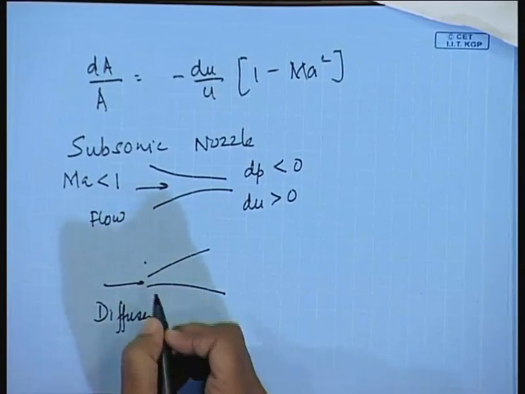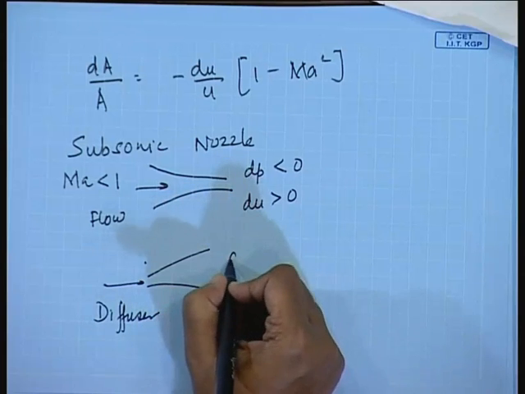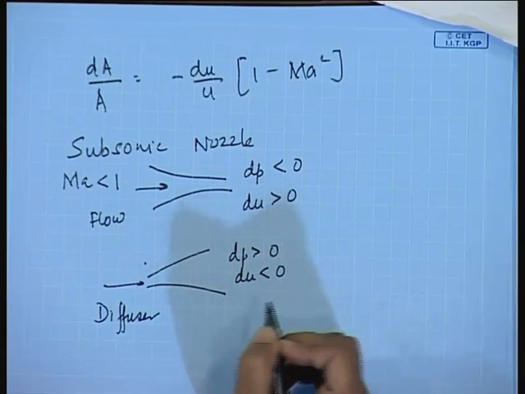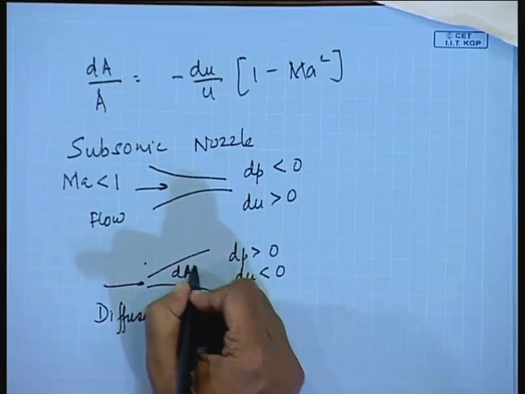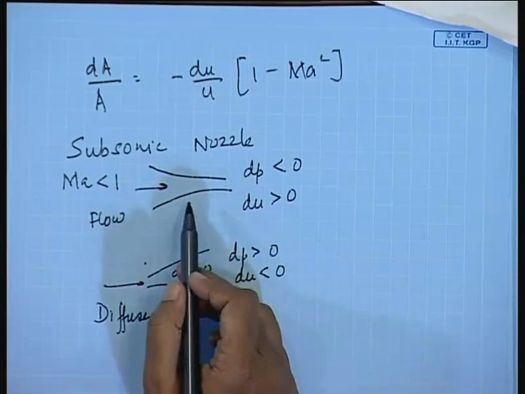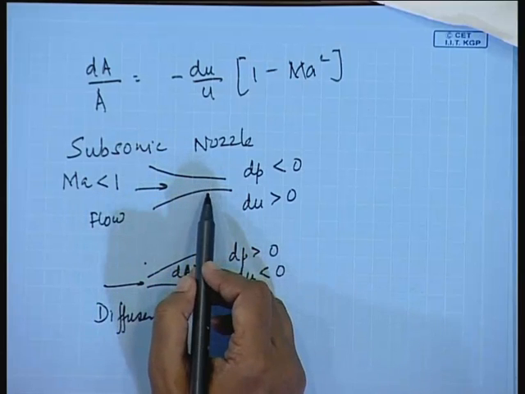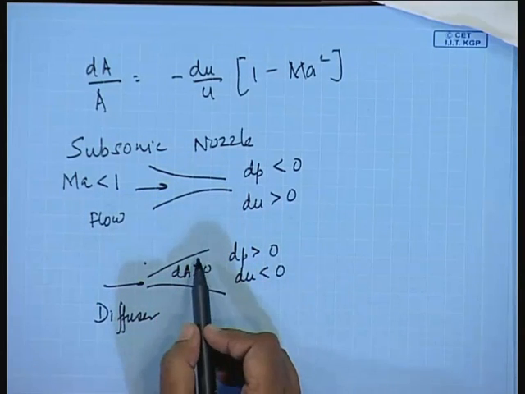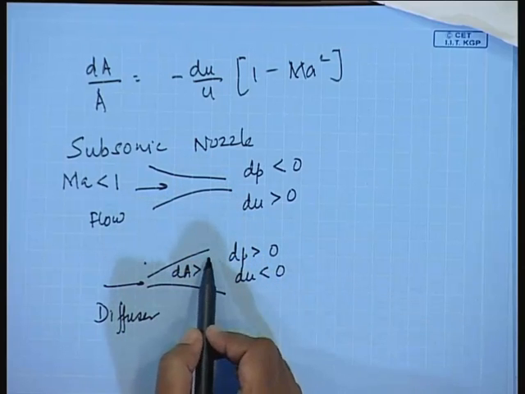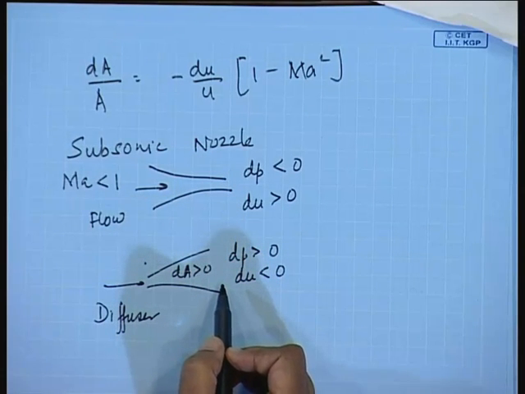Again, the flow is in this particular direction. In this case, we get dP greater than 0, du less than 0, dA greater than 0. Agreed? So, a nozzle is a convergent profile, a diffuser is a divergent profile. This accelerates flow, this decelerates flow, just the same way as we had studied for the incompressible cases.